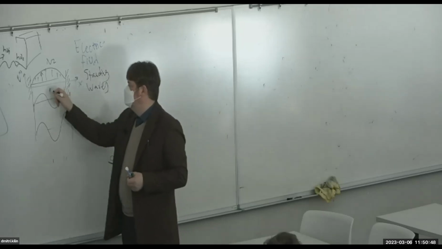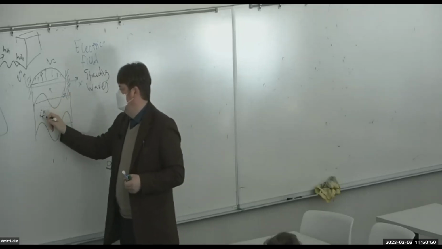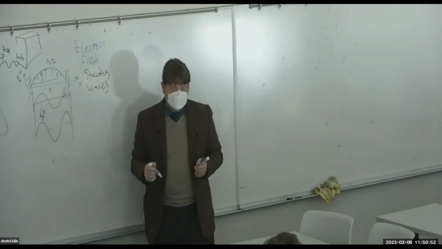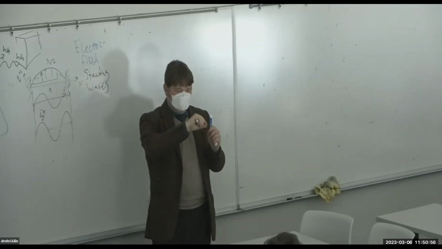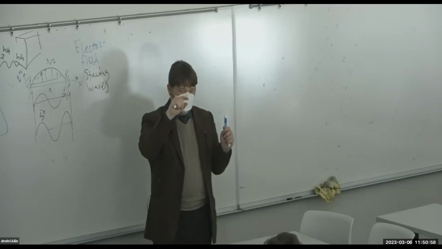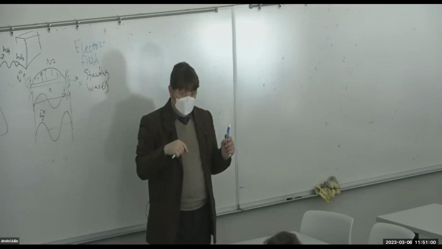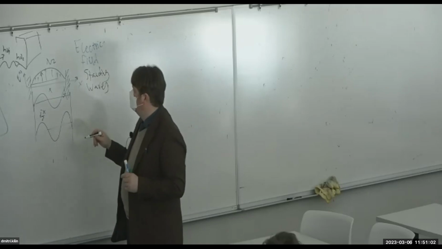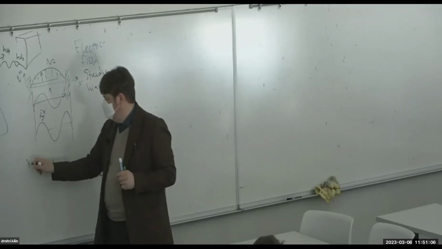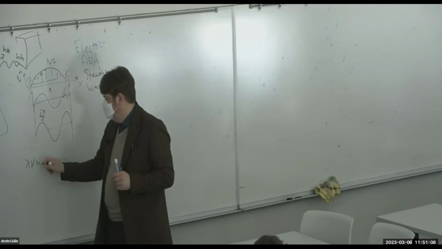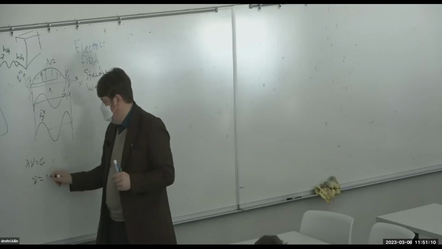Lambda over 2, lambda, 3 lambda over 2, and they will have different frequencies. Now, the electric field cannot just change over time and stay at maximum. It oscillates with the frequency: lambda nu equals the speed of light, so nu is the speed of light divided by lambda.